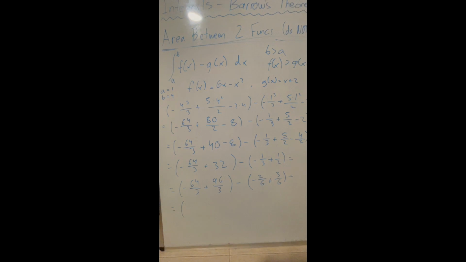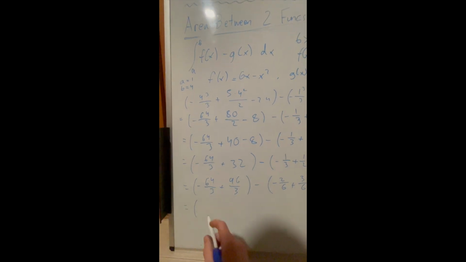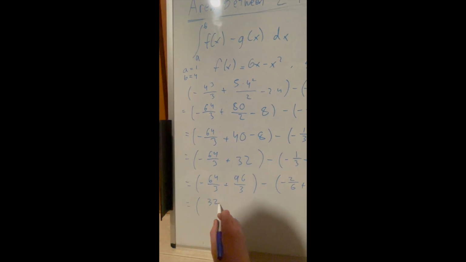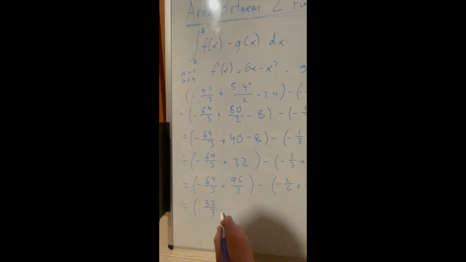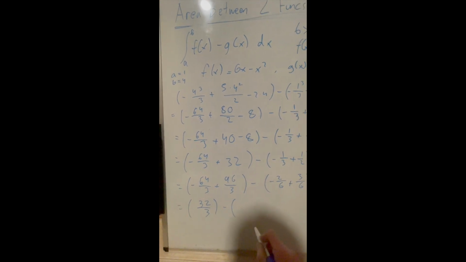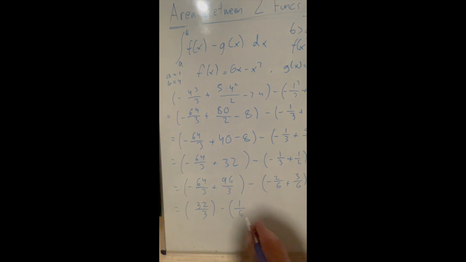Minus 64 plus 96 is going to be 32 thirds minus 1 sixth.